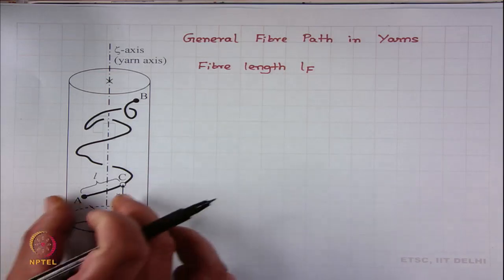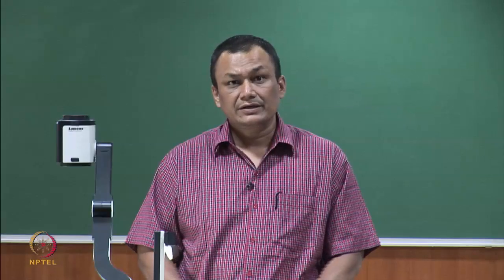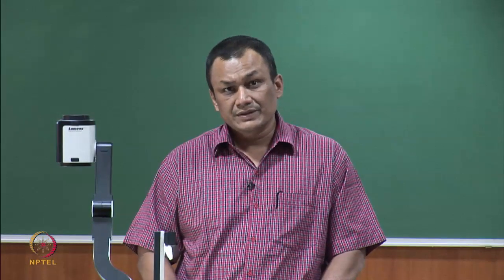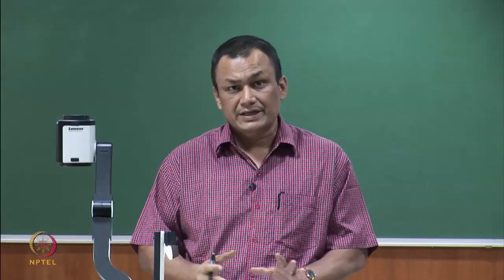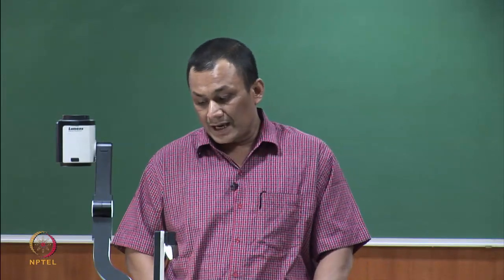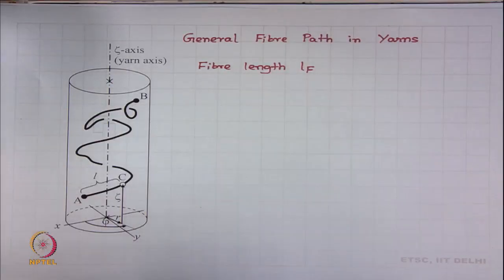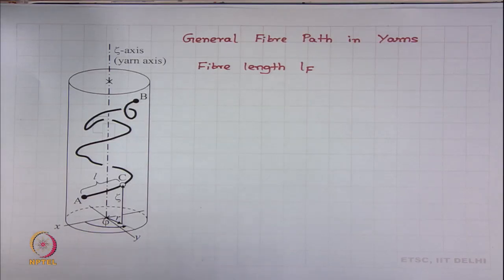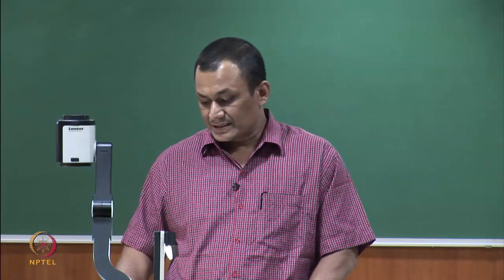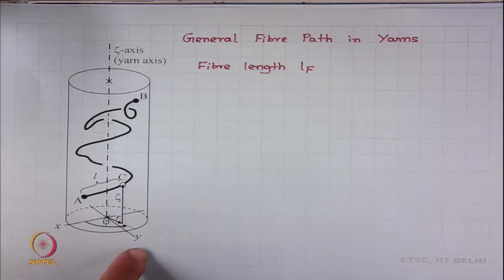This fiber is housed inside the yarn. This yarn resembles a cylinder, which indicates the yarn body, and the zeta axis is the yarn axis. There are two more perpendicular axes, x and y, which along with zeta represent a Cartesian system.